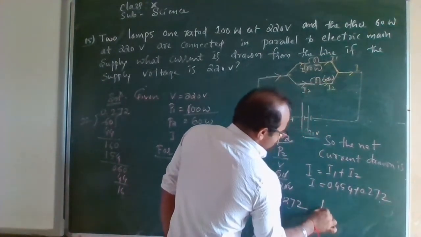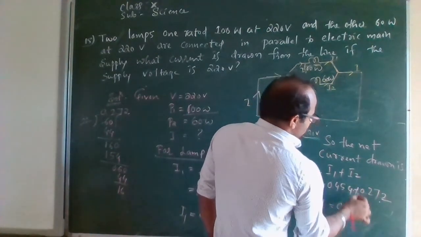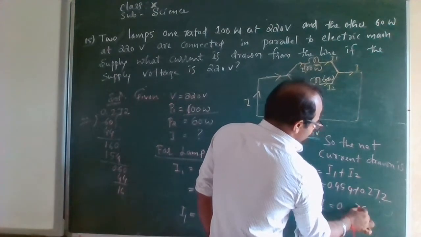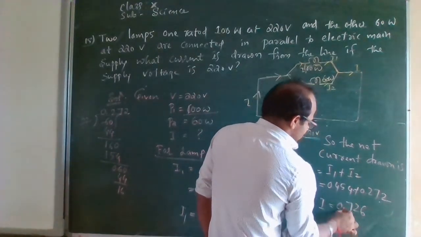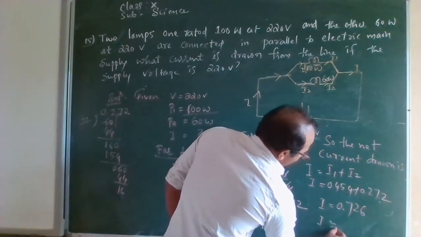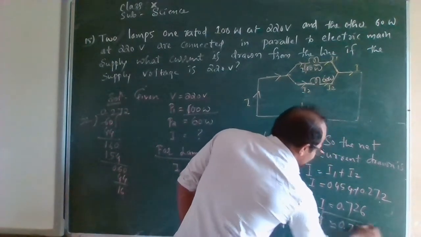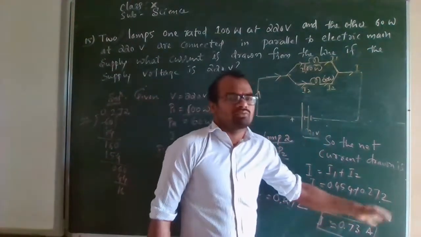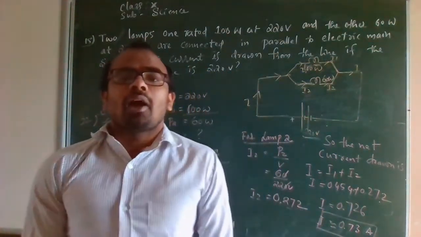If you add this, how much will you get? I is equal to 0.726. So we can say it as 0.73 amperes. 726 means it will round to the next one. So we can say it as 0.73 amperes.